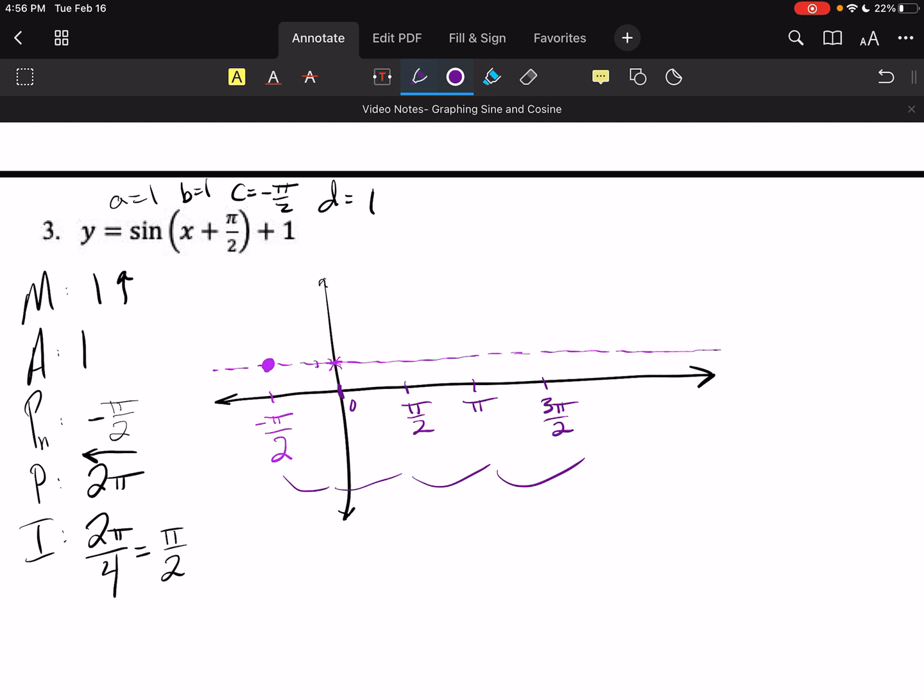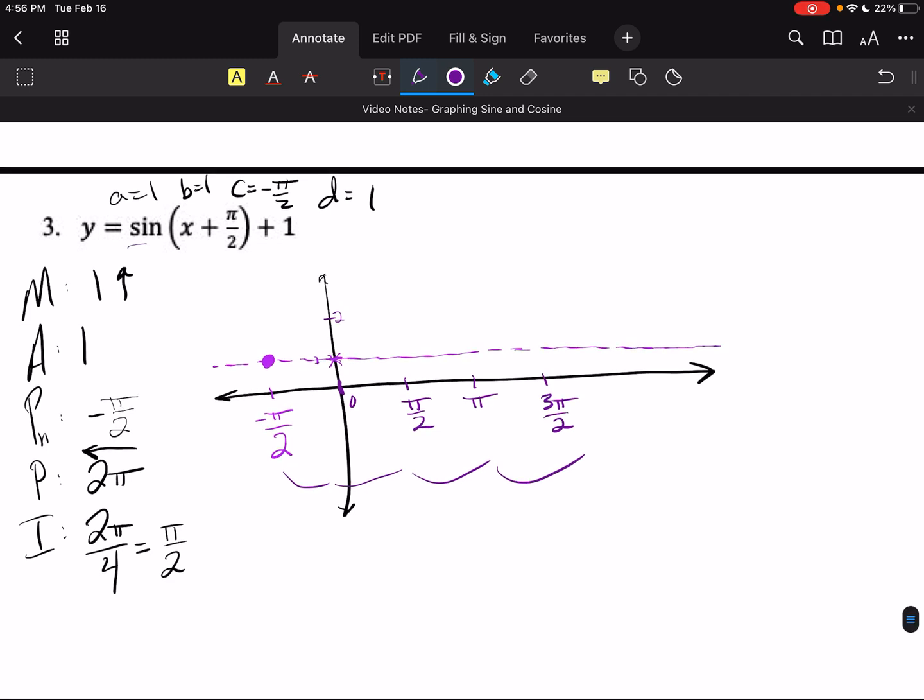So here's 1. That means I'm going up to 2, and then to 0, right? So following my pattern for sine, zero, and then there would be my graph.